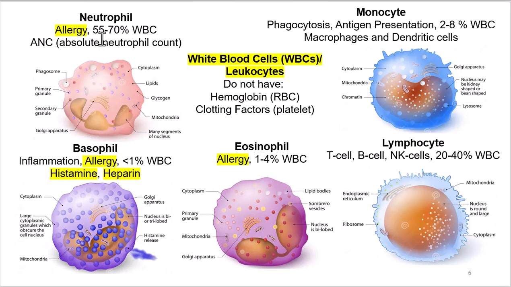We see that neutrophils take up from 55 to 70% of all the white blood cells. And we see these basophils are actually less than 1% of the white blood cells. The basophils can release 2 chemicals, histamine and heparin, which are very indicative of the symptoms that we observe in immune responses. But notice they're a very small percentage of the white blood cells.